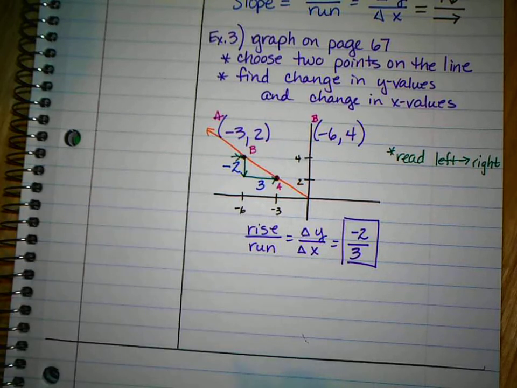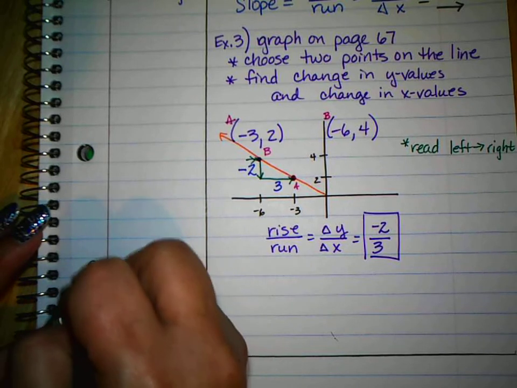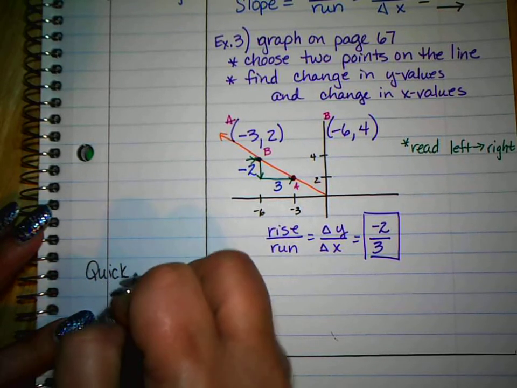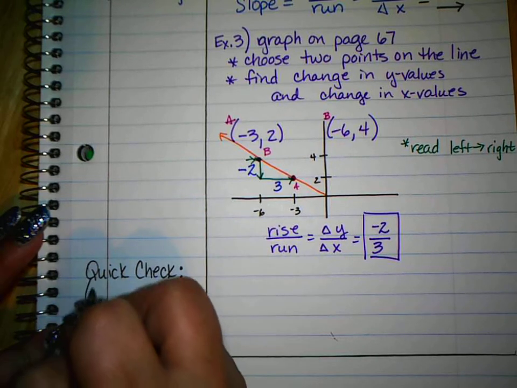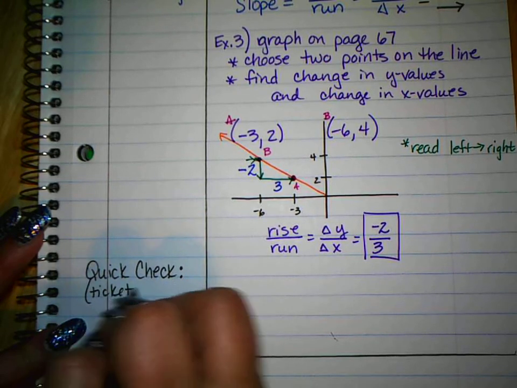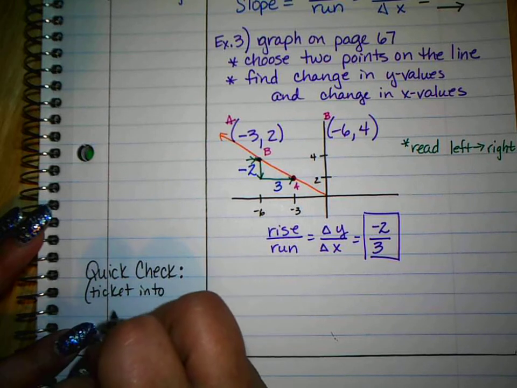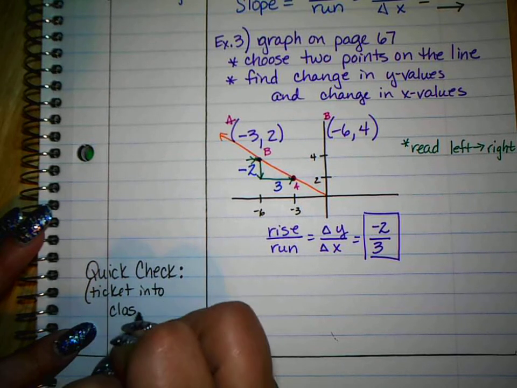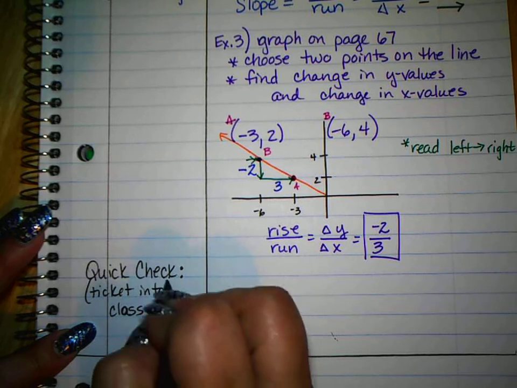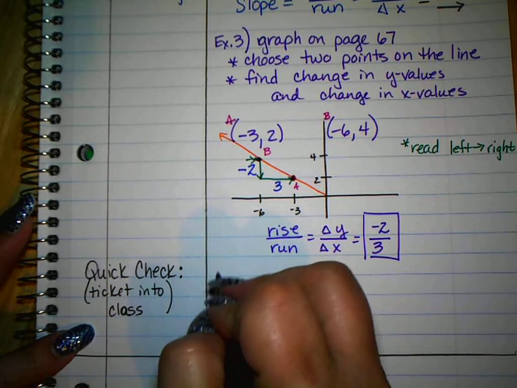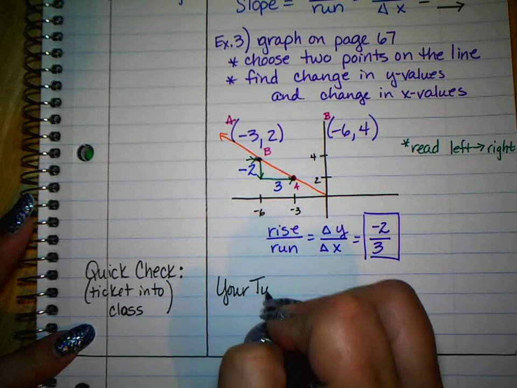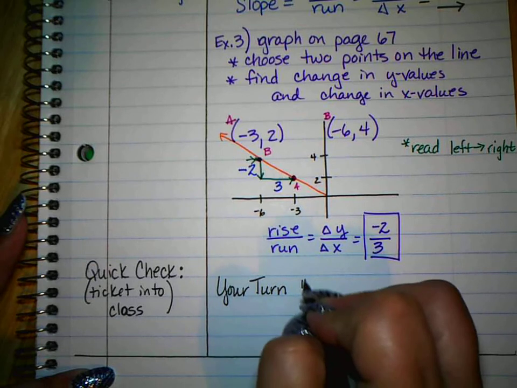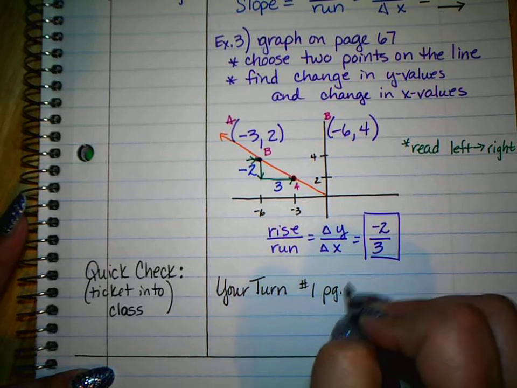Okay. We now need to do a quick check like we did yesterday. Remember, this is your ticket into class tomorrow. And you're going to be doing this off of the book pages. It is your turn, and that's the title of the section. Number 1 on page 65.